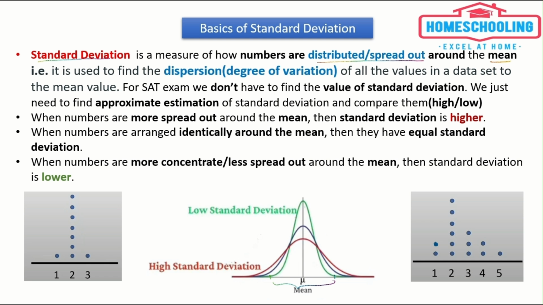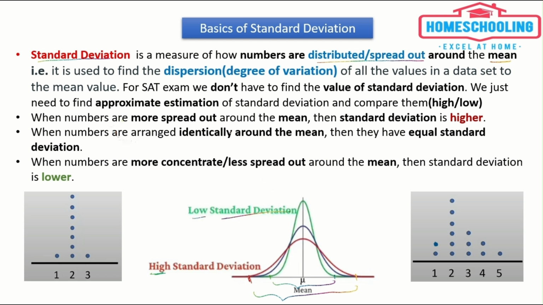And if we see the red graph here, this is our mean here, and it is spread out from here to here. So the red graph has higher spread, that means it has higher standard deviation, and the green graph has lower spread, that means it has lower standard deviation.